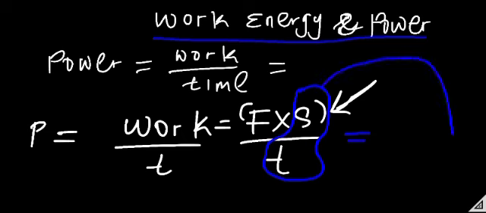Velocity. Because velocity is the change of distance over time. So everything here is the same thing as velocity, right? And if we take this multiplication side to this side and bring this F to this side, it implies that power also is equal to what? Force times velocity. So another formula you should know for power is force times velocity.